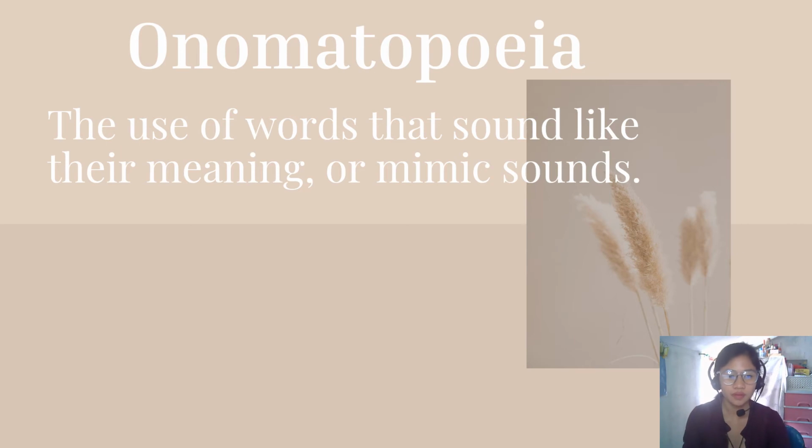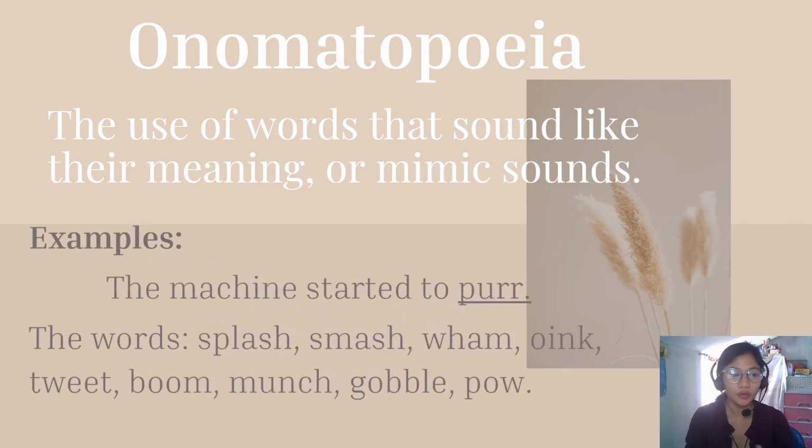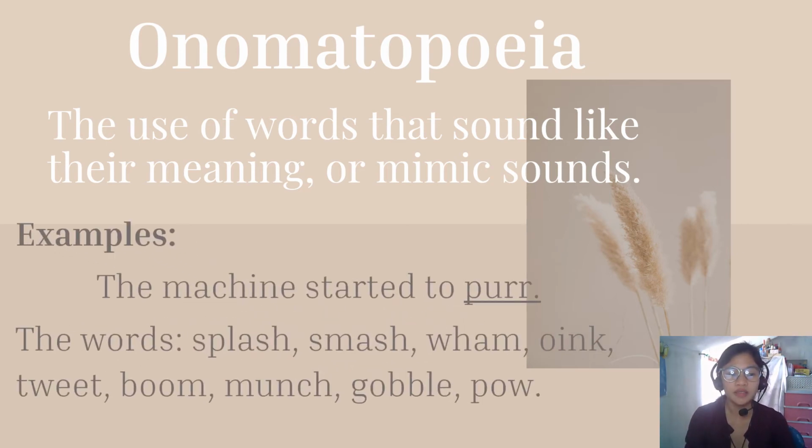Okay? Mimic sound. So for example, the machine started to purr. This is the sound of the machine, purr, but this is also what we call it. So this is onomatopoeia because it mimics sound.